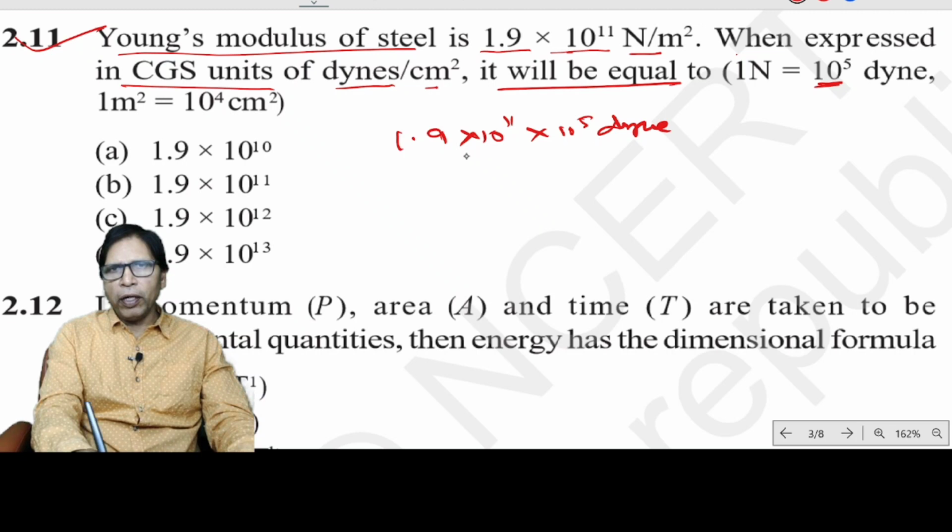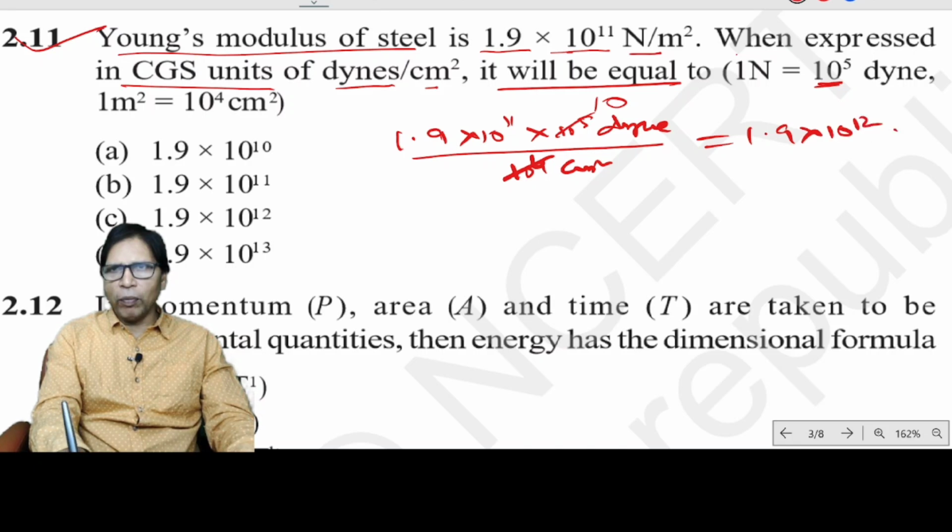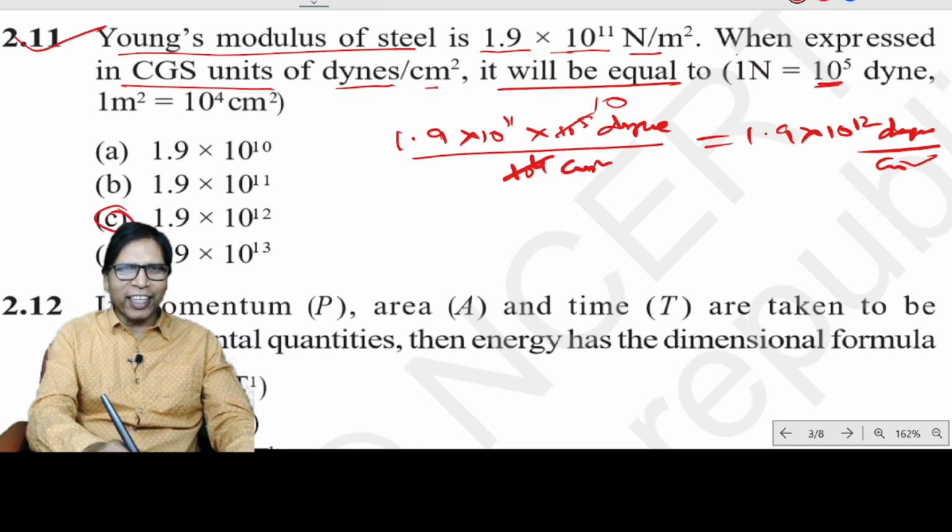Okay, no problem. Now 1 meter square equals 10 to the power 4 centimeter square. Therefore this is 1.9 into 10 to the power 12 dyne per centimeter square. Option C is correct.